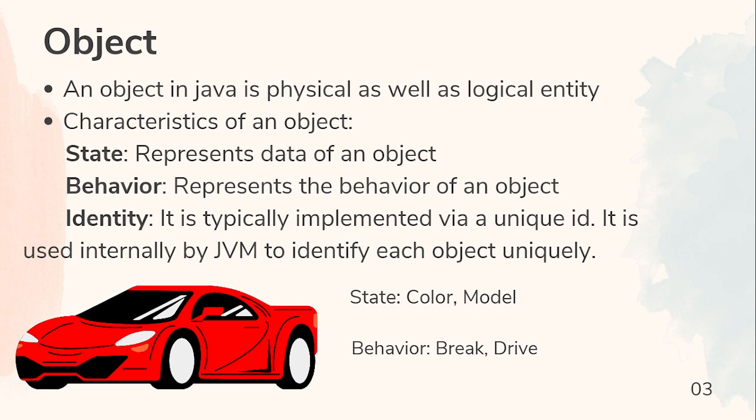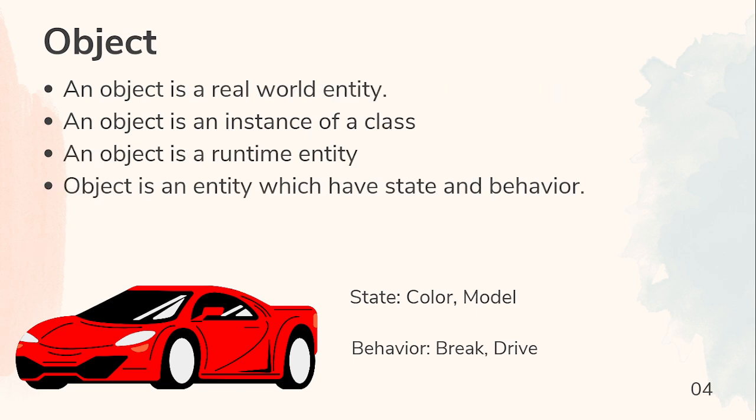So now we are clear with the object, right? Next we are going to understand the definition part of it. We can define an object in many ways. An object is a real world entity, as we have seen. An object is an instance of a class. We will understand the class, and after that we can correlate how it is an instance of a class. Next, we can define an object as a runtime entity.